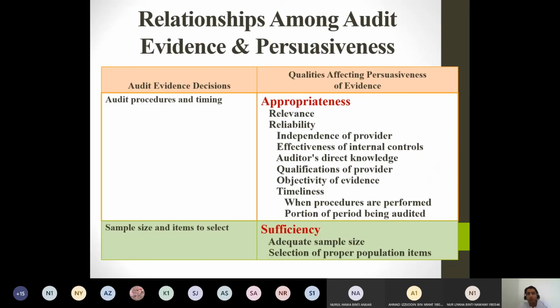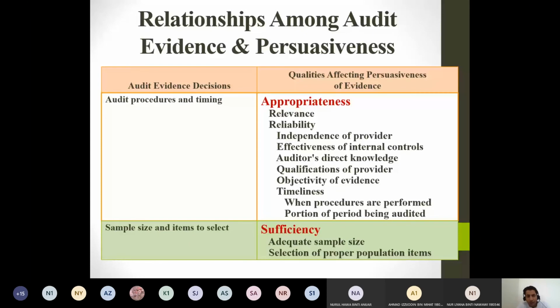Okay, so now let's talk about the relationship among audit evidence and persuasiveness. On the right side of the table, we have the audit evidence decision, and on the left side, we have the qualities affecting persuasiveness of evidence. As we mentioned earlier, for appropriateness, we have relevance and reliability, and on the left side we have the audit decision.